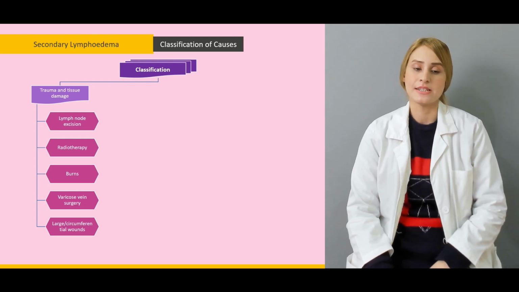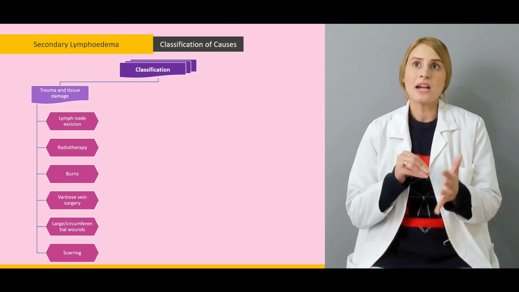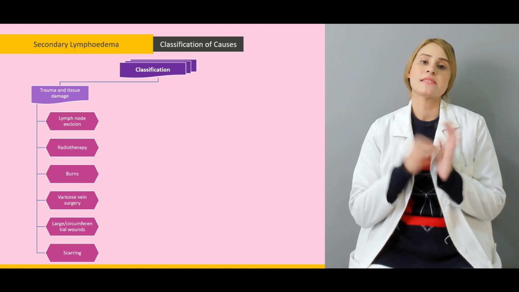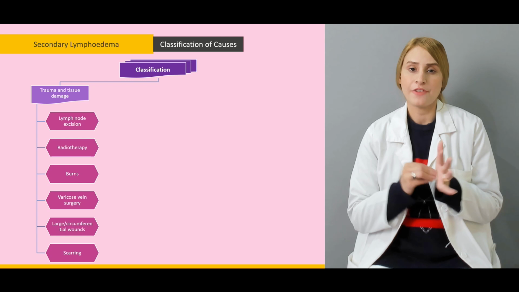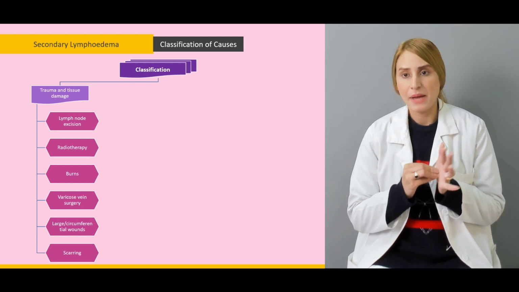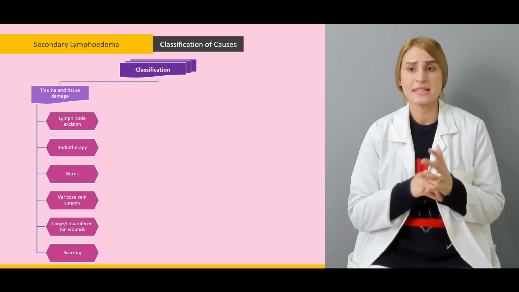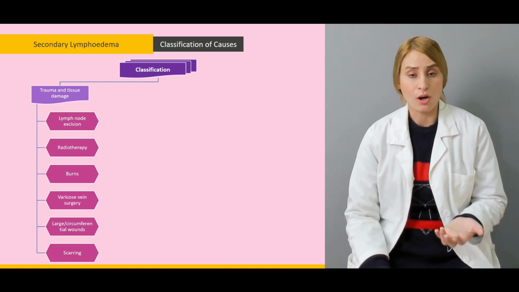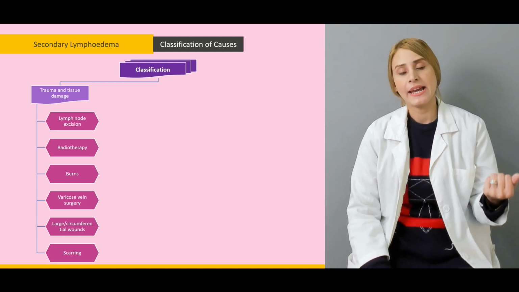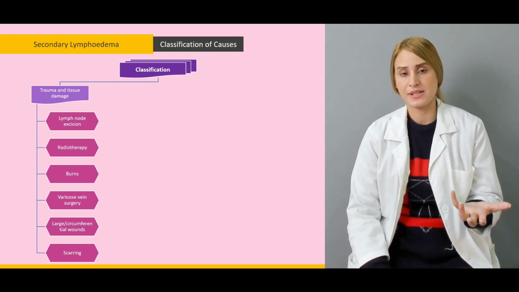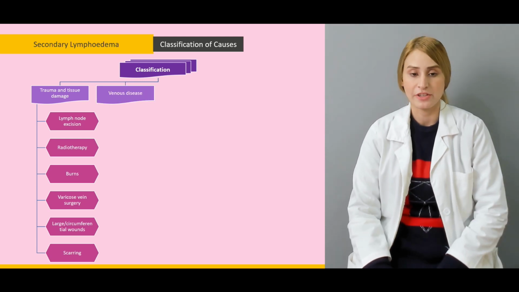Obviously, they can also lead to secondary lymphedema, and obviously scarring and fibrosis. As a result of scarring there is fibrosis, and this fibrosis sometimes involves the lymphatic channels and the lymph nodes, and obviously there would be obliteration and damage to the normal functioning of the lymphatic channels, and the patient will develop lymphedema.